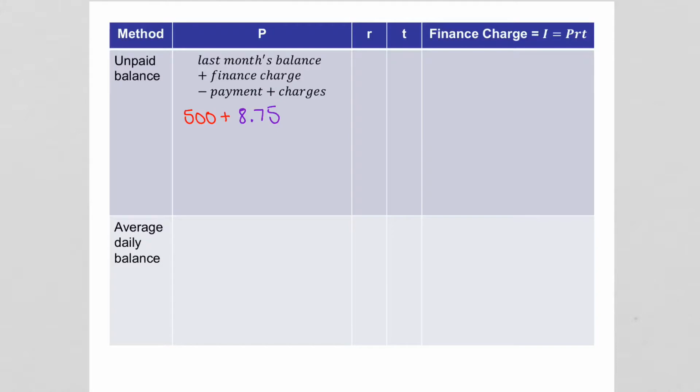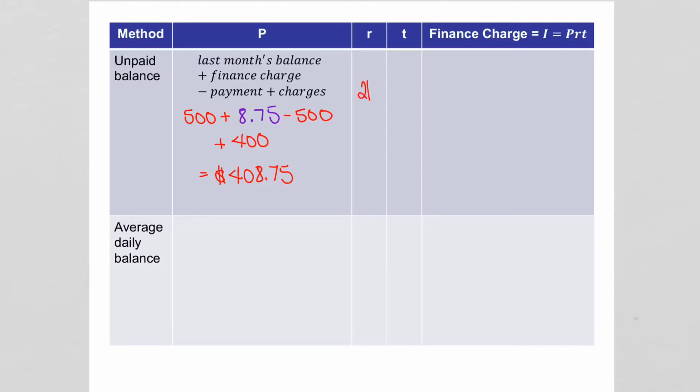Subtract off your payment. That was $500. And add your charges, $400 for car repair. So we have $408.75.